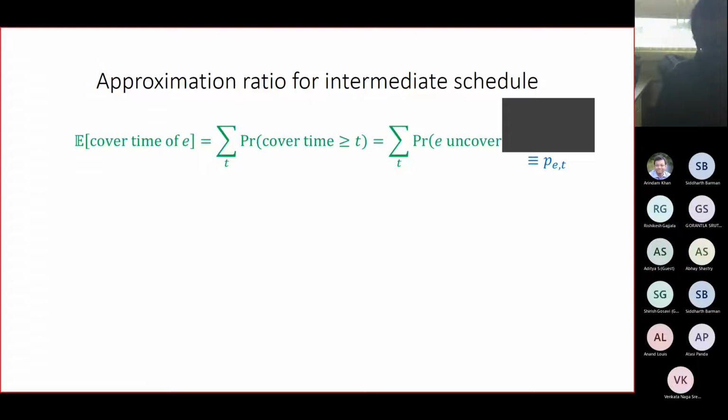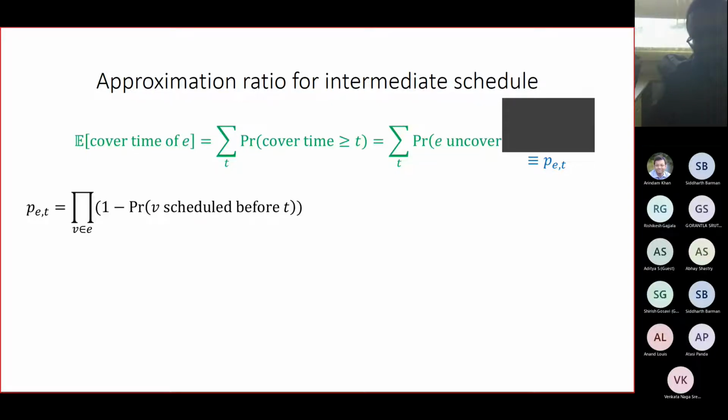First just some preliminaries. The expected cover time of an edge can be thought of as just adding up the probabilities that the cover time is at least some time t. So let P_et be the probability that cover time is at least t, and I just add up P_et over all times t. That's my expected cost for any given edge.